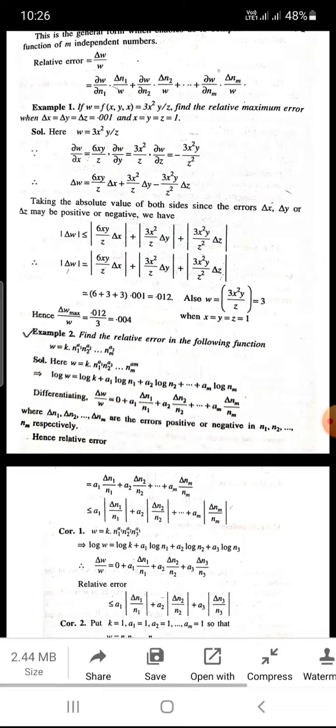So delta w is equal to 6xy upon z into delta x plus 3x square upon z into delta y minus 3x square y upon z square into delta z.